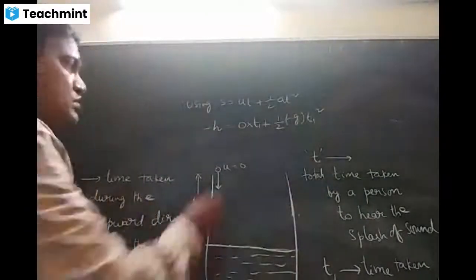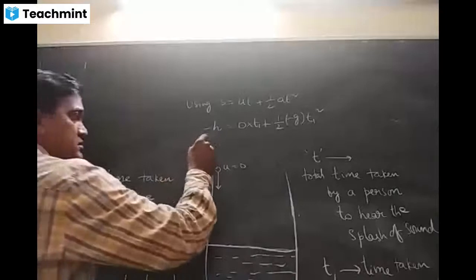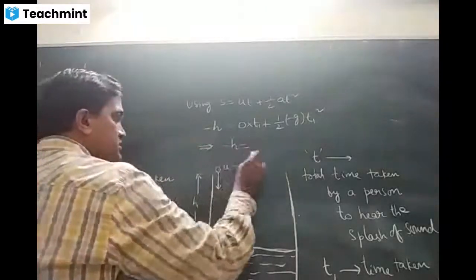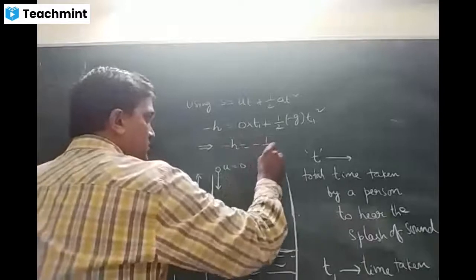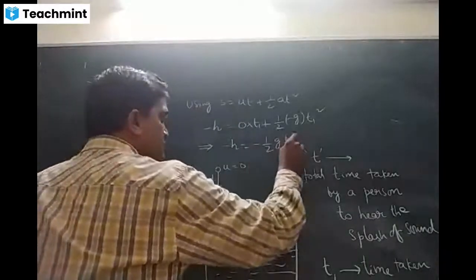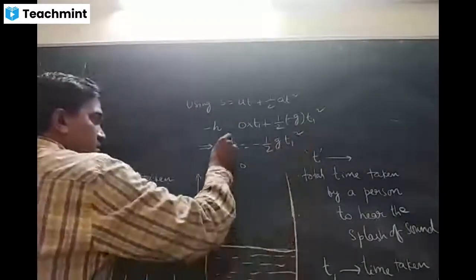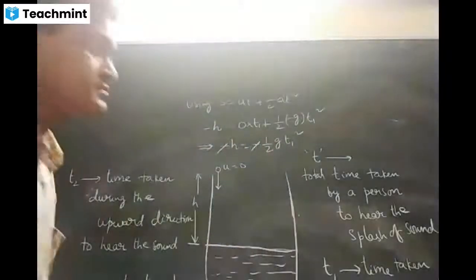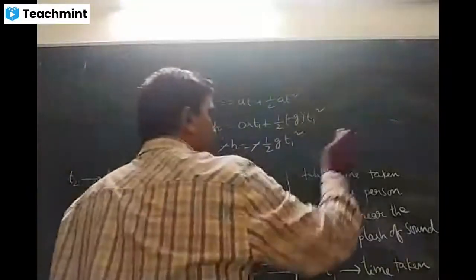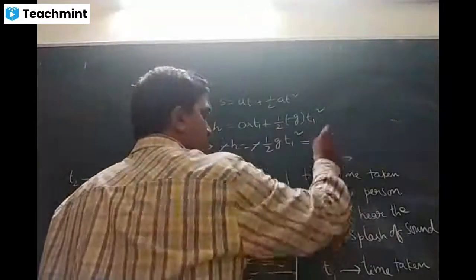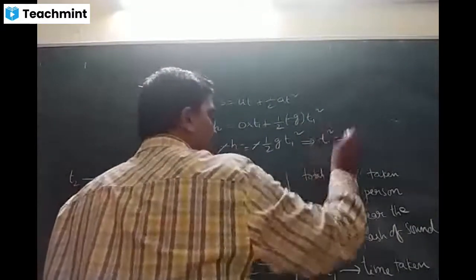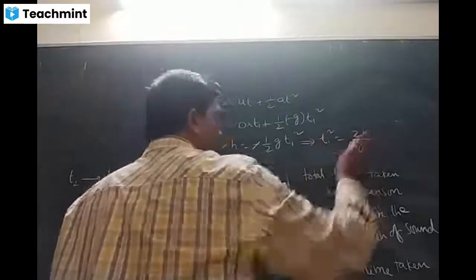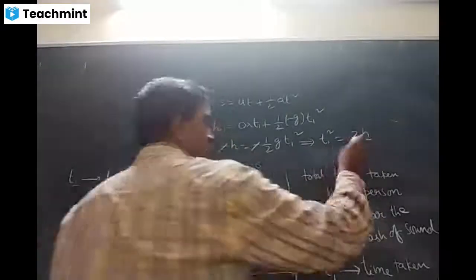If I solve, I get minus h is equal to minus half g t1 squared. The minus gets cancelled, so t1 squared is equal to 2h by g.